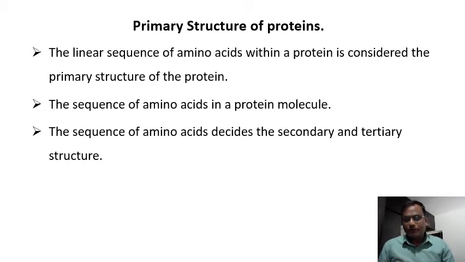Now, why is it important? There are infinite numbers of protein molecules that exist in nature. Even in our body, there are thousands of different types of protein molecules. But every protein molecule is made up of the same 20 amino acids. Take an example: insulin is a protein, a hormone molecule.